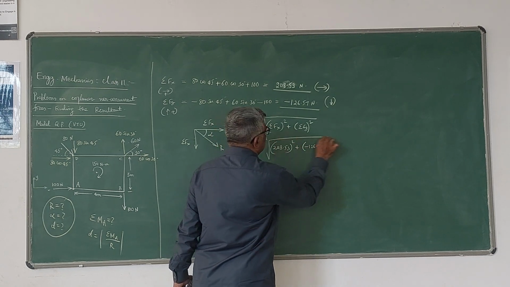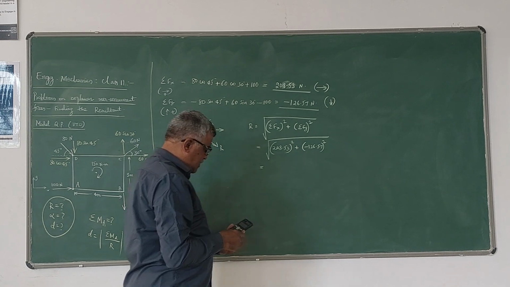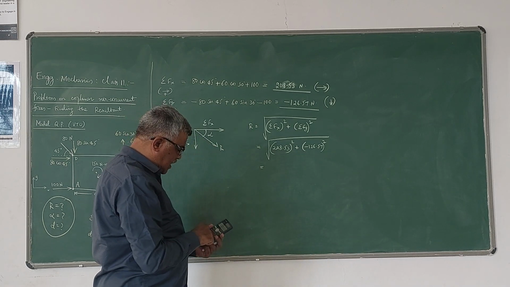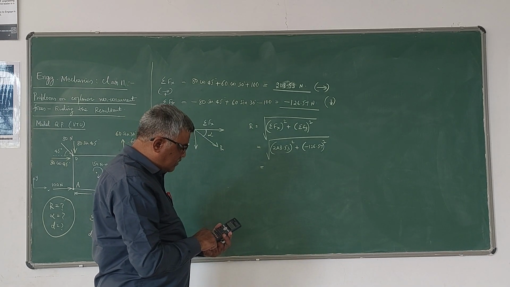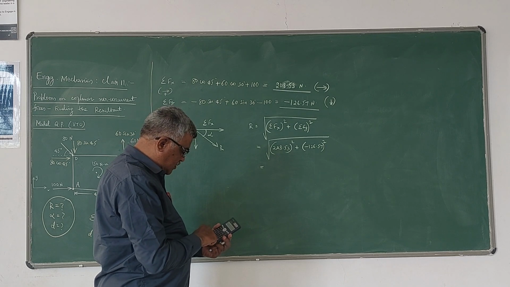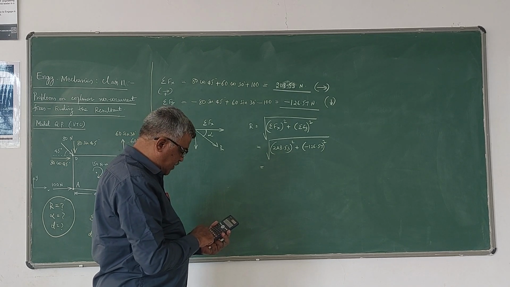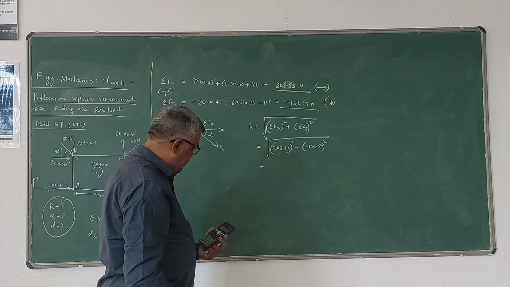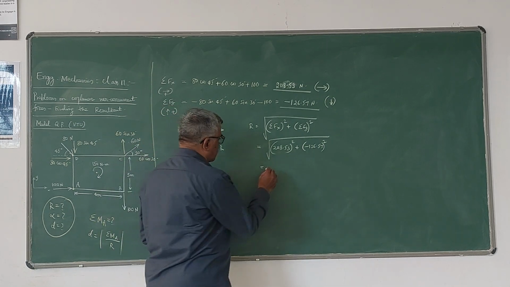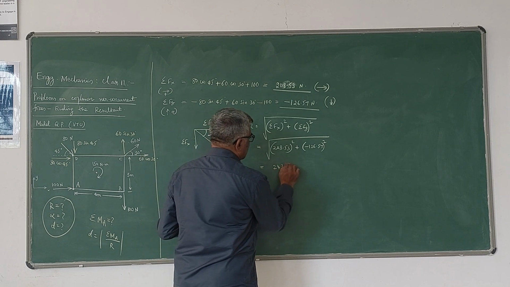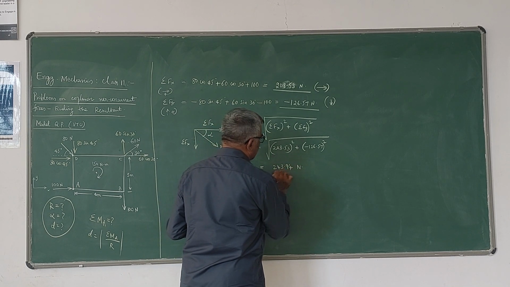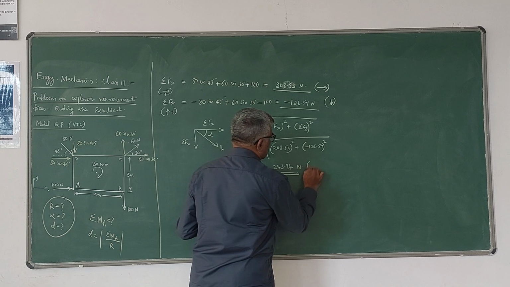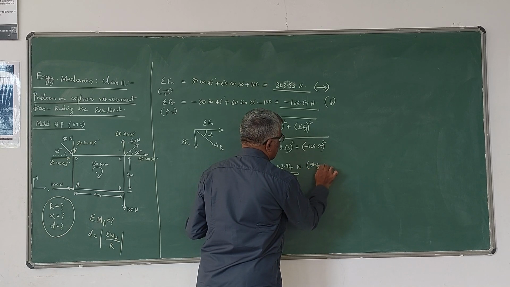If you simplify that, the answer we get is 243.94 Newtons. This is the magnitude of the resultant.